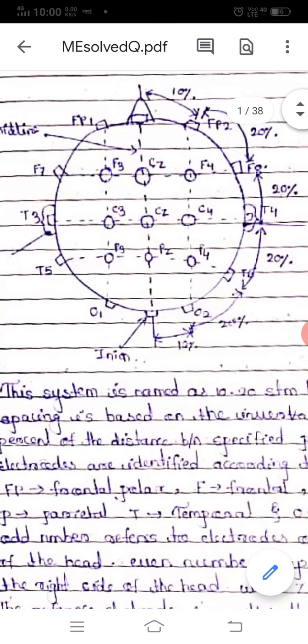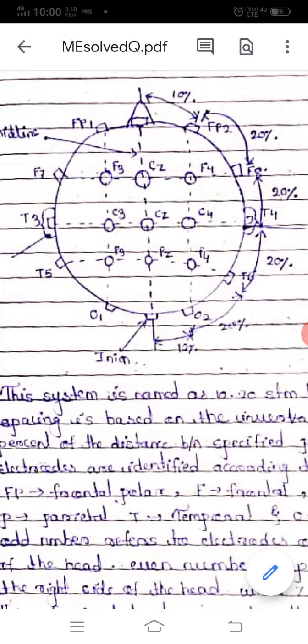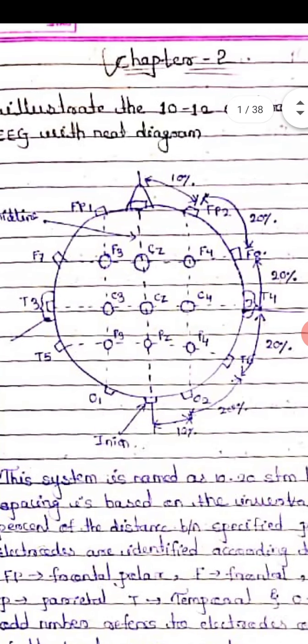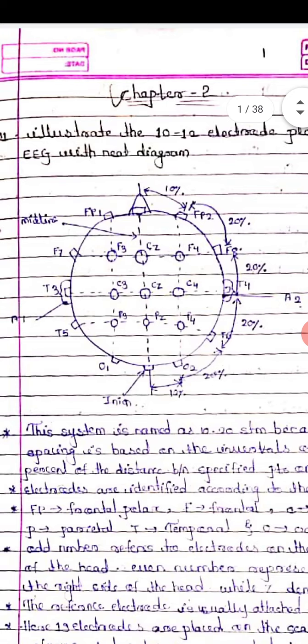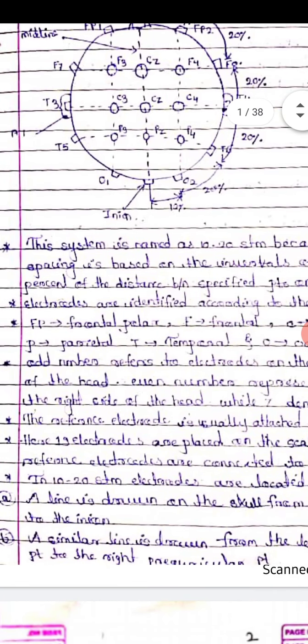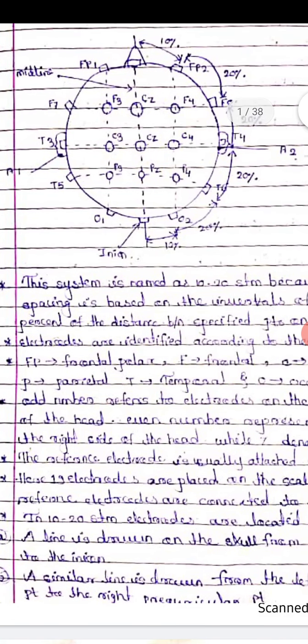Next, on both sides, F3 and F4, C3 and C4, and P3 and P4. Like this you have to draw the diagram, and according to the diagram only you have to explain. Fp means what? Frontal polar.